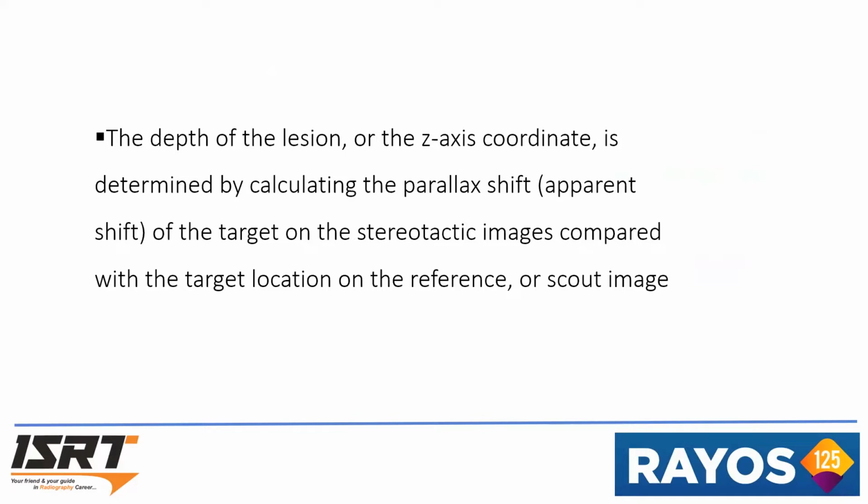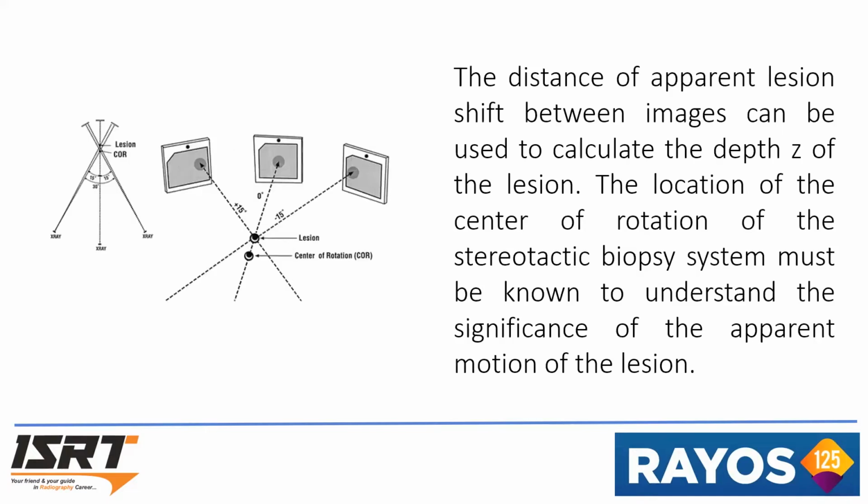The stereo images are taken at plus 15 degree and minus 15 degree, and the images are compared with the target location on the reference image or scout image. The distance of apparent lesion shift between images can be used to calculate the depth or Z dimension.